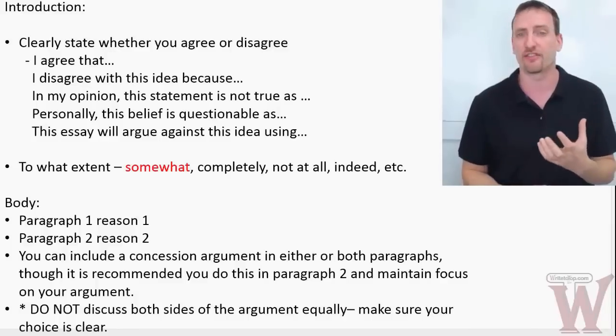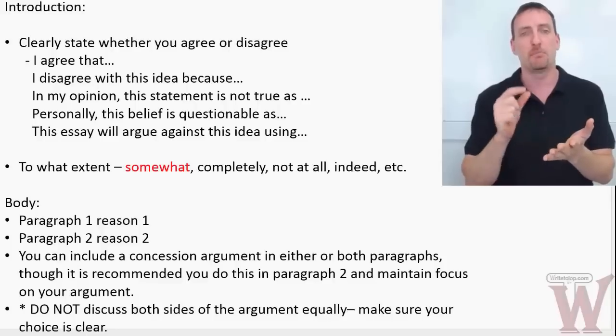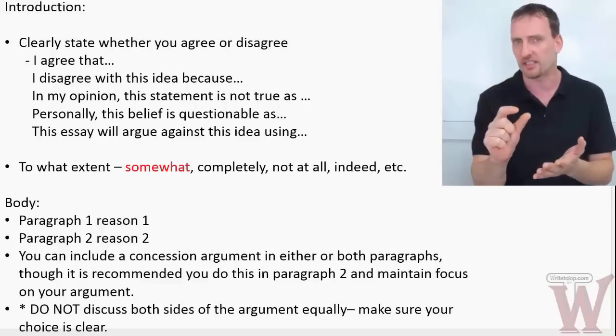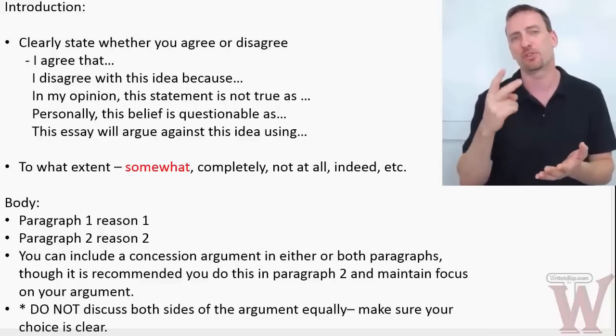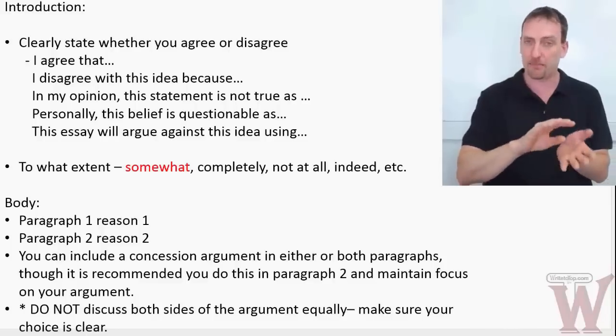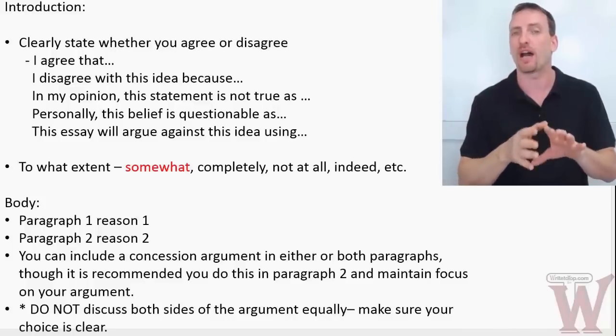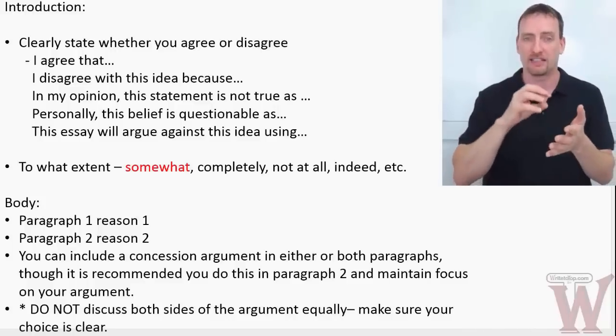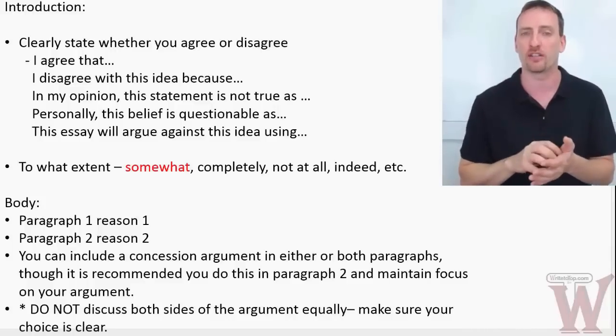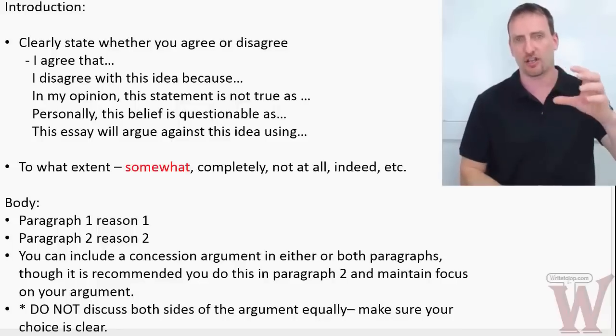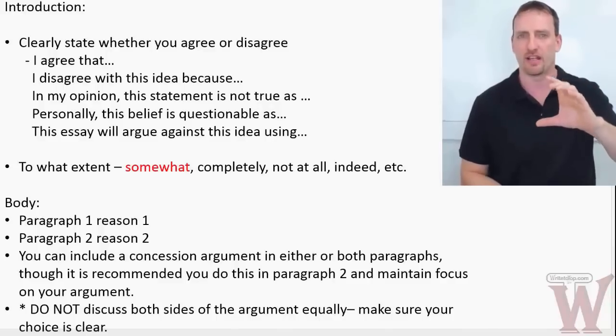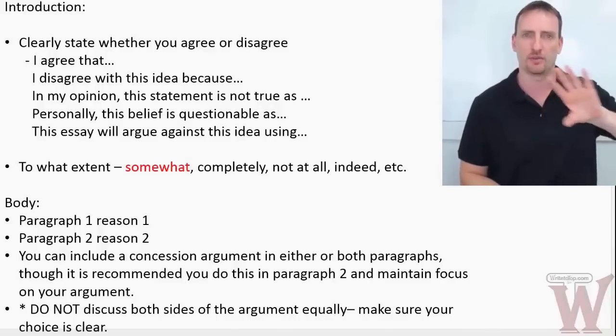A concession is a very strong tool, but make sure that your concession is 1, maximum 2 sentences, and then make sure that you turn it back around to why you do agree, and support that argument for why you agree. A lot of people, they start with a concession, then they forget to turn it back. So the whole second body paragraph is an argument of why you disagree.